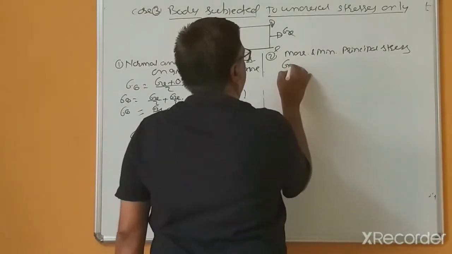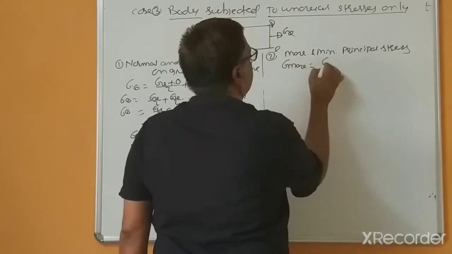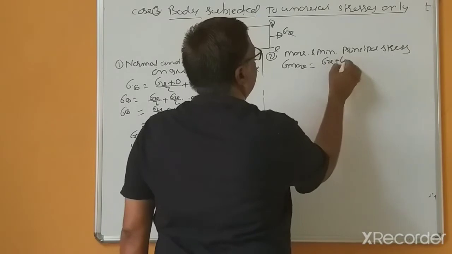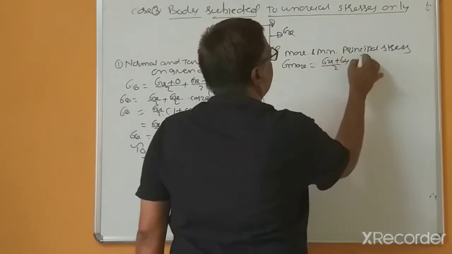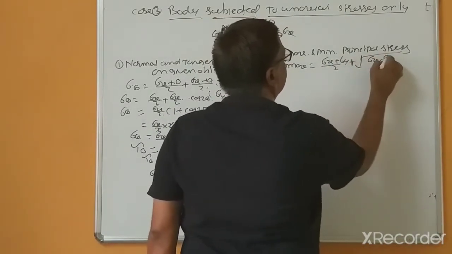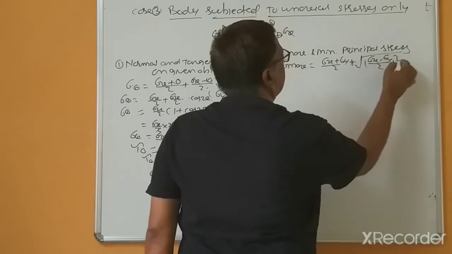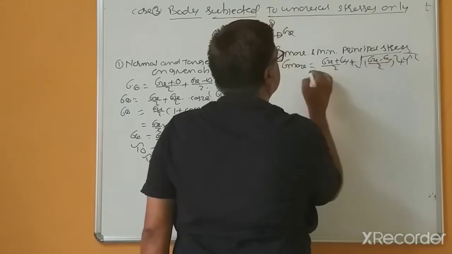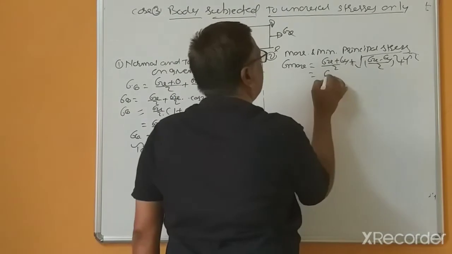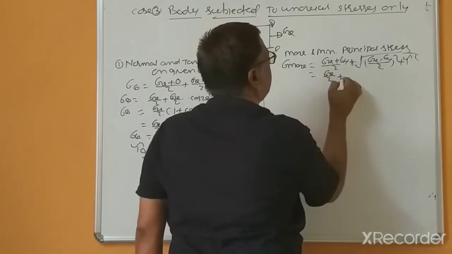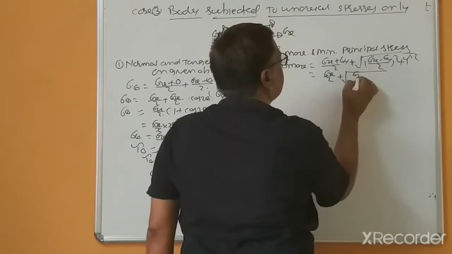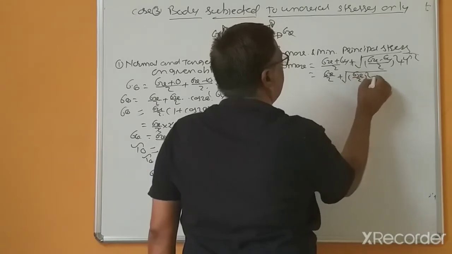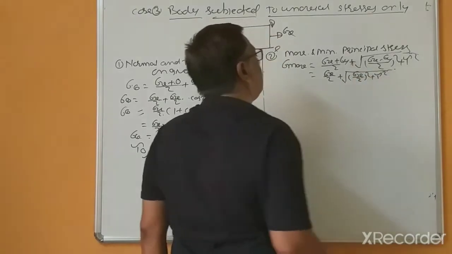So sigma max equal to sigma x divided by 2 plus under root sigma x divided by 2 bracket square plus tau squares.